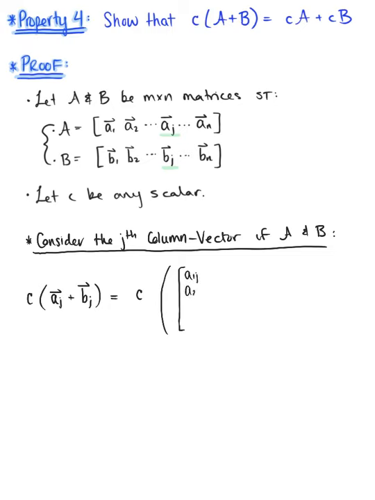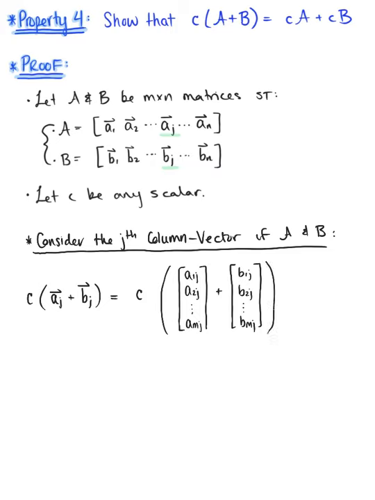We have the entry in the second row jth column, all the way down to the entry in the mth row jth column, plus the jth column vector of B. So we have the entry in the first row jth column, the entry in the second row jth column, all the way down to that last entry, B sub mj. So that's the entry in the mth row jth column.